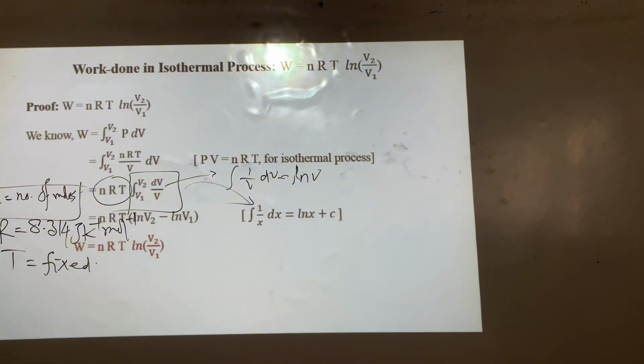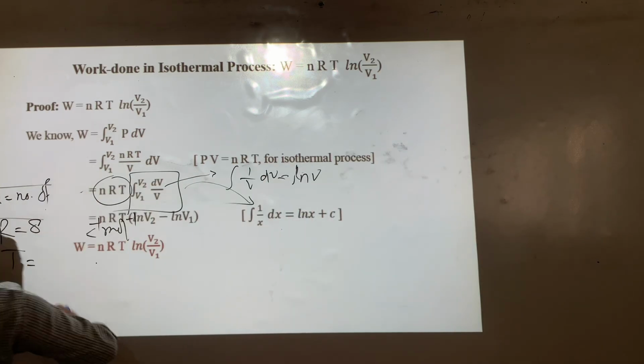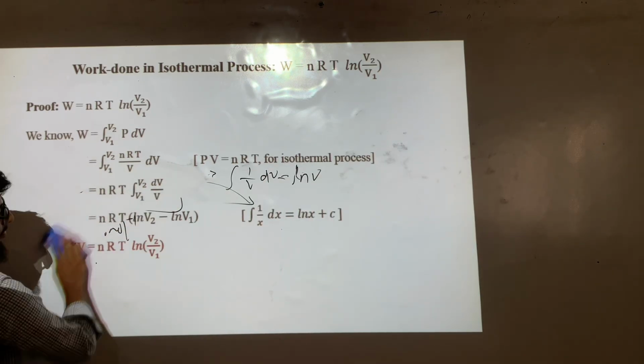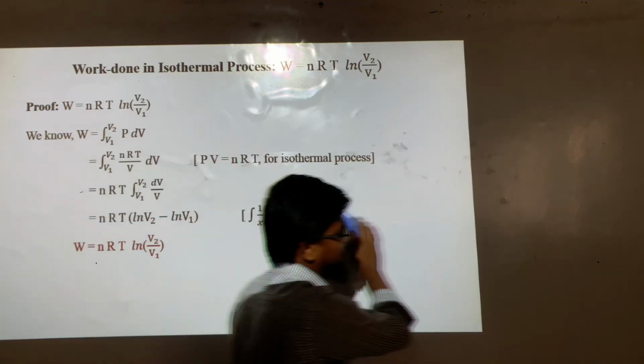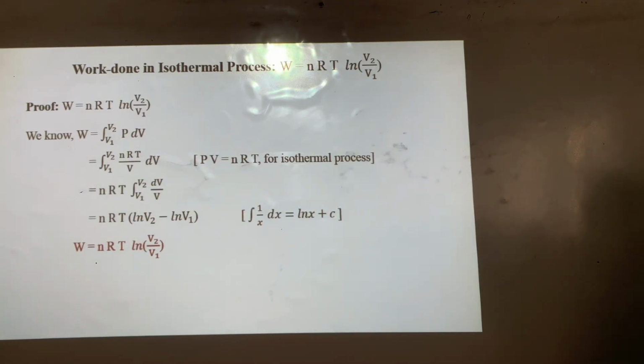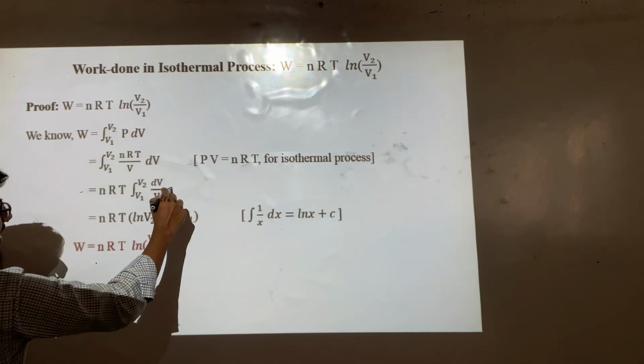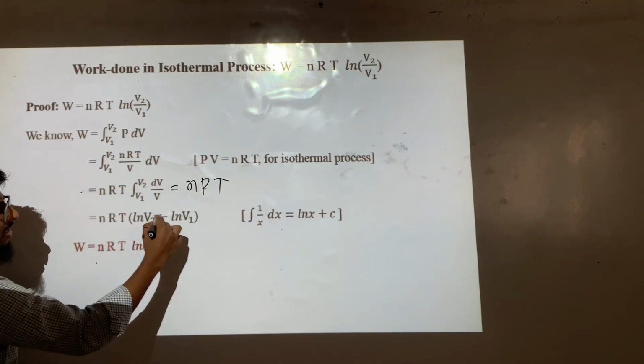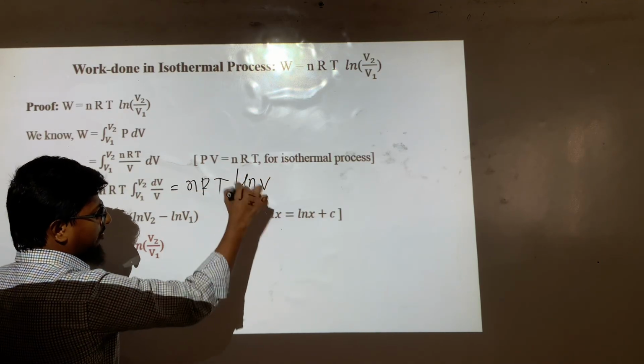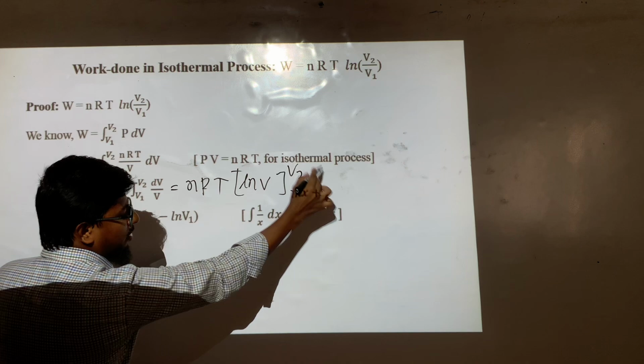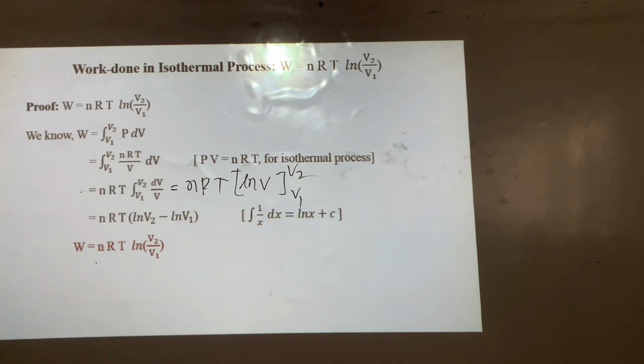I guess I've skipped one line. So, okay, as I was saying, it would be nRT ln of v from the limit v1 to v2.